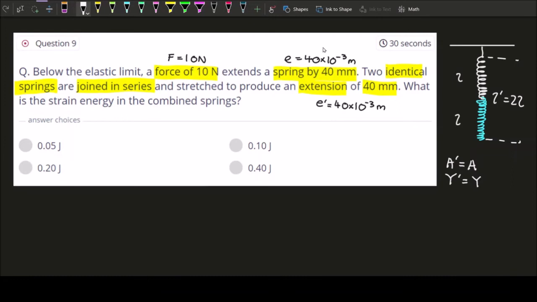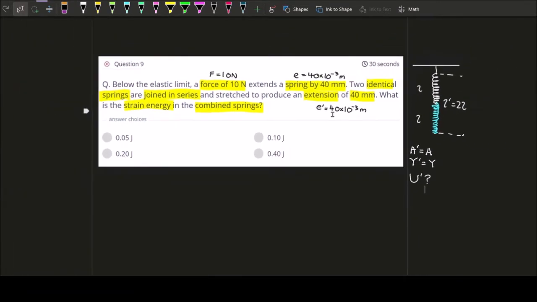Now the thing that we want to find is the strain energy in the combined spring. Okay, so they are asking for the new strain energy. Okay, so let's zoom out a bit and solve this question.